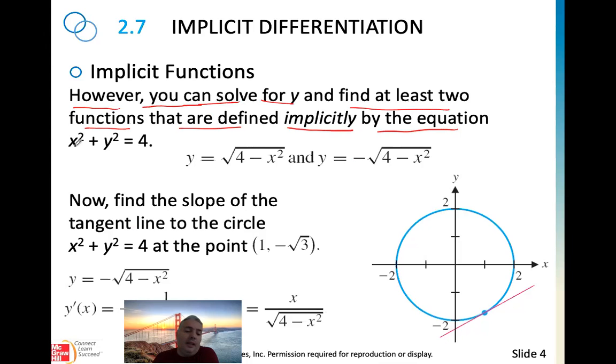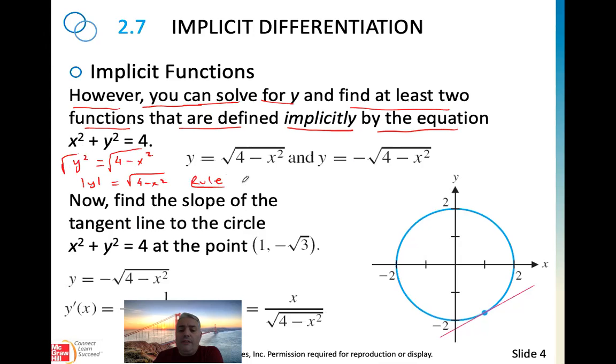What does it mean? X squared plus y squared is equal to 4. Can I say y squared is equal to 4 minus x squared? Yes, I can say. And then square root, the absolute value of y is equal to the square root of 4 minus x squared. So what was the rule?